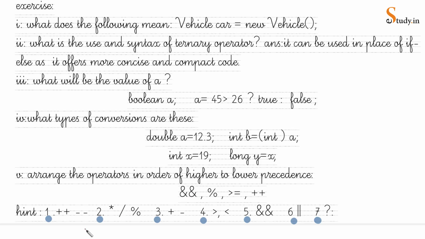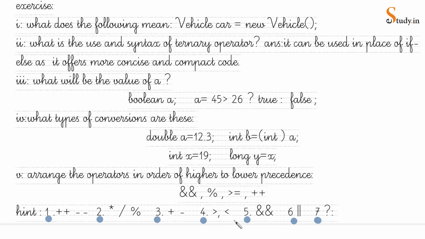I'll give you a hint here. The ++, that means the prefix and the postfix operators, have the highest precedence, followed by multiplication, division, and modulus operators, which are at the same level. After that, plus and minus, addition and subtraction, again at the same level, but after the second point.